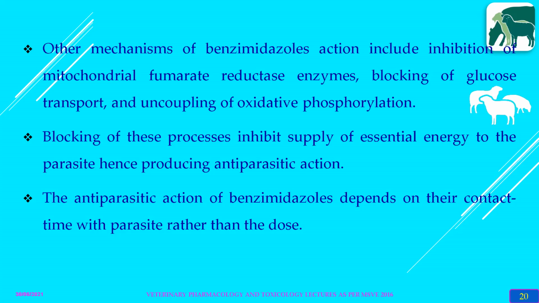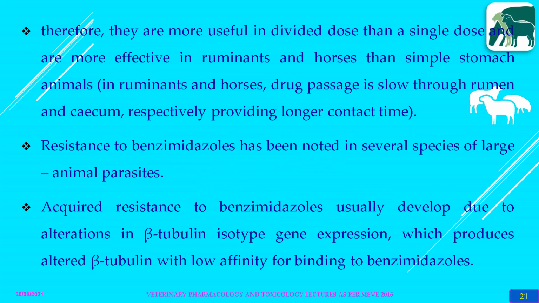To summarize the mechanism of action in short: number one, these bind to the microtubulin, and because of this the helminth growth will be arrested. Also, blocking of the fumarate reductase enzyme causes the other effect. Therefore, they are more useful in divided doses than a single dose.